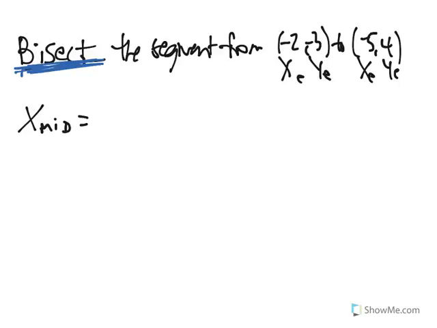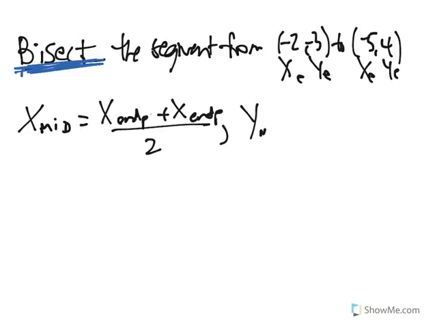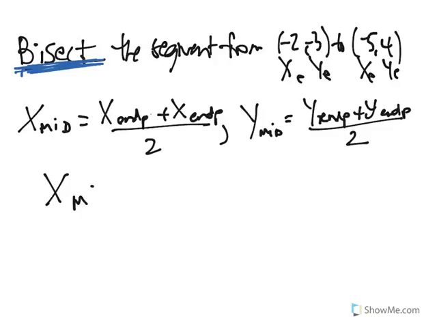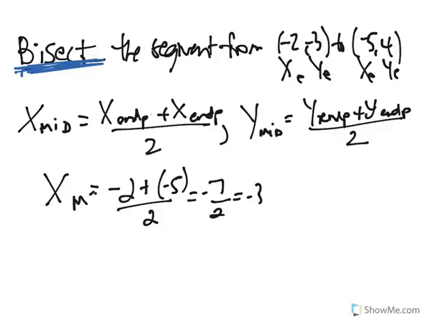We get x midpoint equals x endpoint plus x endpoint all over 2, and y midpoint equals y endpoint plus y endpoint all over 2. I get negative 2 plus negative 5 all over 2, equals negative 7 over 2, equals negative 3.5.